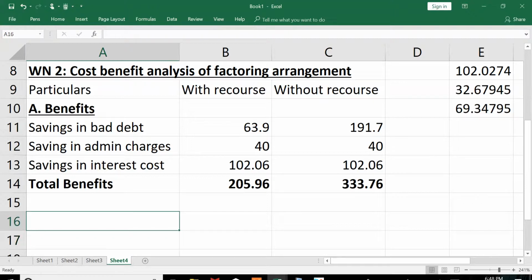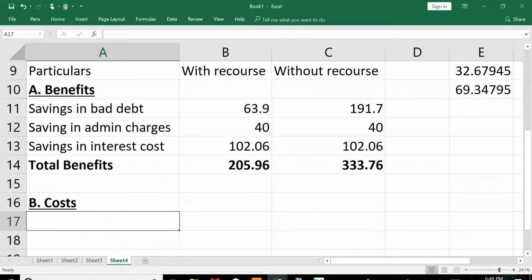Now capital B, costs. To get to these benefits, I have to pay certain amounts. Capital B, costs. The first cost which I have to pay is commission.